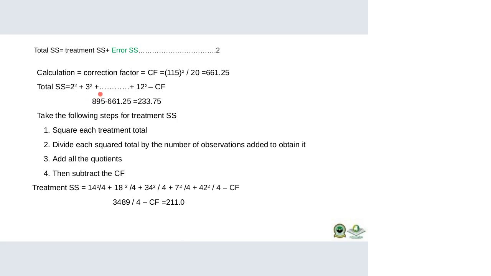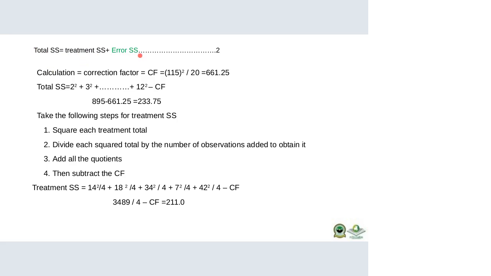Now, we need to calculate our sum of squares, the variances. Total sum of squares is equal to the treatment sum of squares plus the error sum of squares. Please take note of this particular equation. This is from where we will move on.